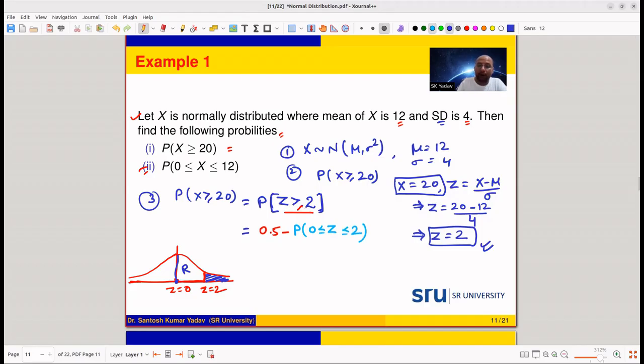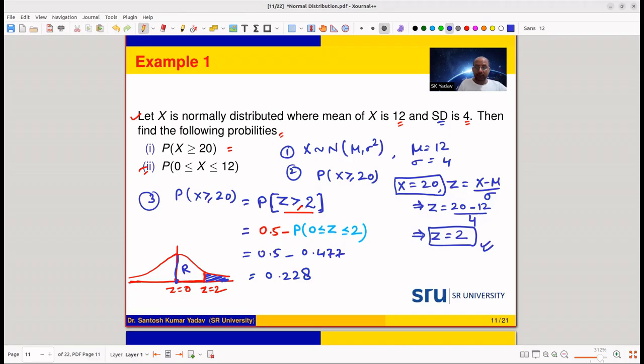And this is well known. We can write it as 0.5 minus half of the 2 sigma range, which is 0.95, or 0.9544 is half, so 0.477 around, which gives a value of around 0.228.